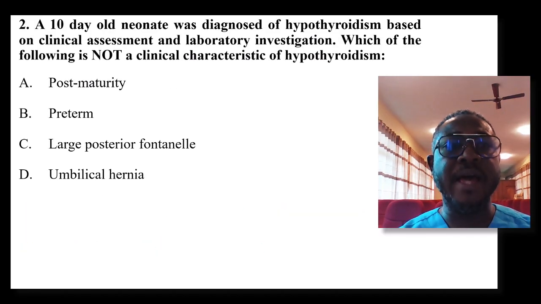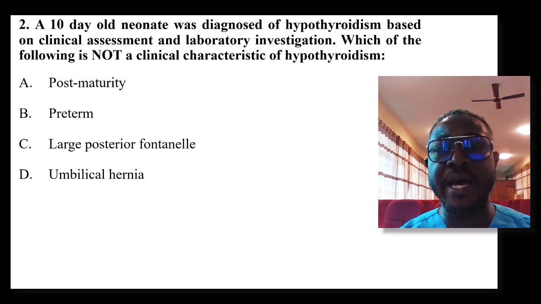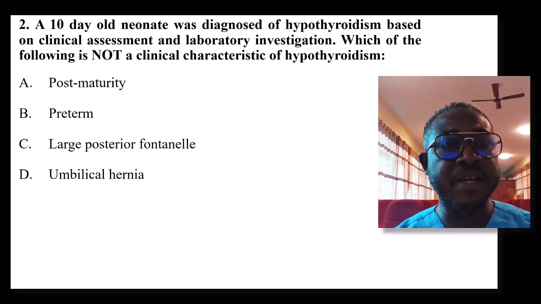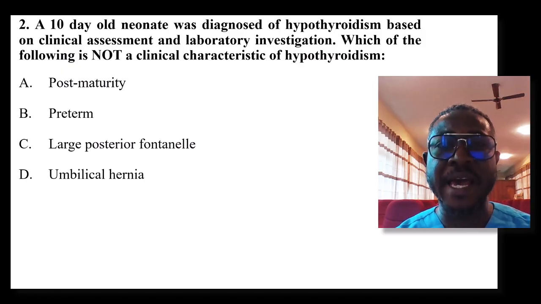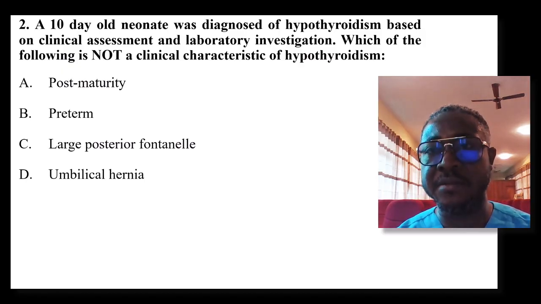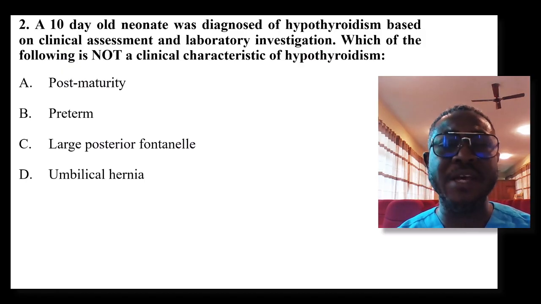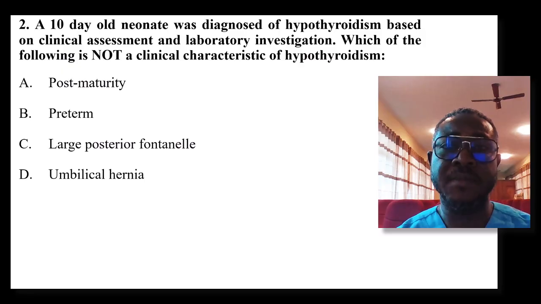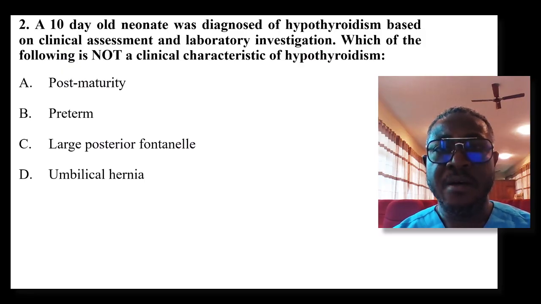All right, so let's look at the second question. Question 2. A 10-day-old neonate was diagnosed with hypothyroidism based on clinical assessments and laboratory investigations. Which of the following is not a clinical characteristic of hypothyroidism? What do you think is the answer?